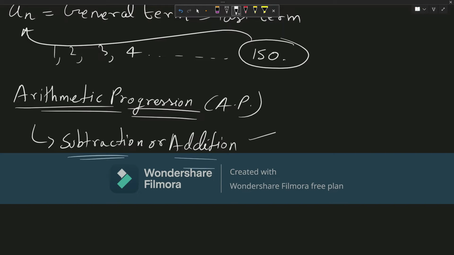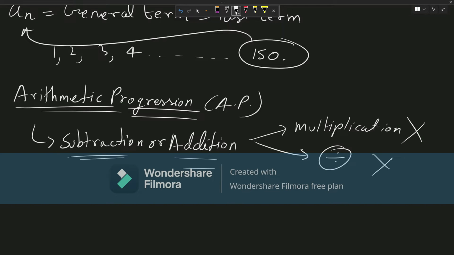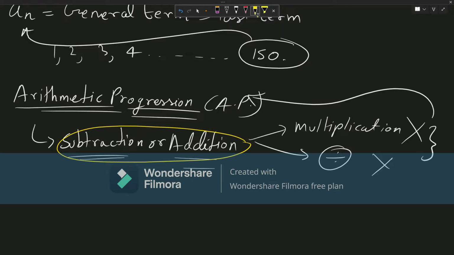If there's, let's say, multiplication or division, then they are not AP. These two are not AP because it does not come under that. Only the series which follows a subtraction or addition can be called an AP. Okay.